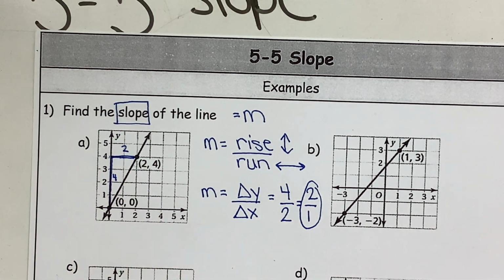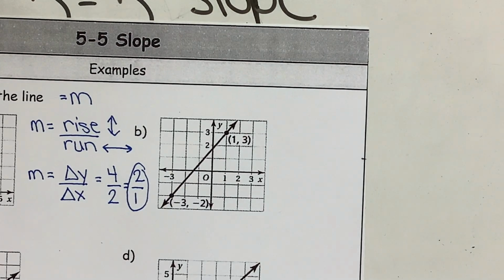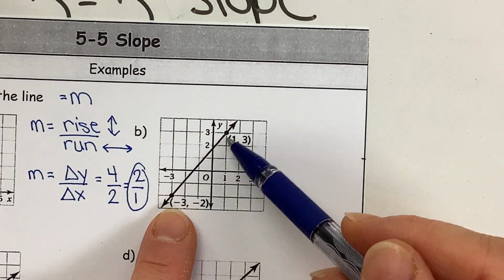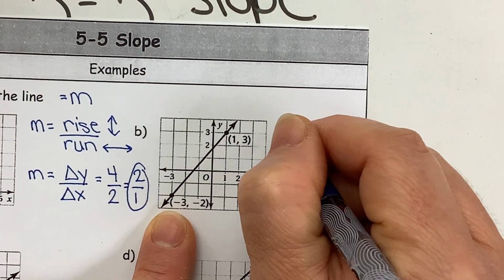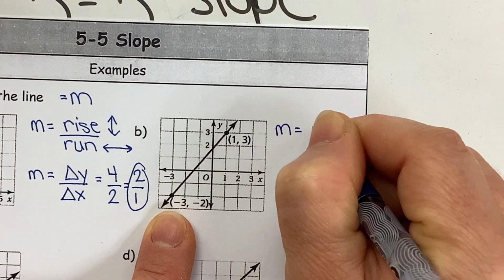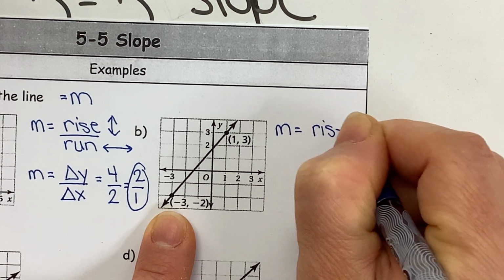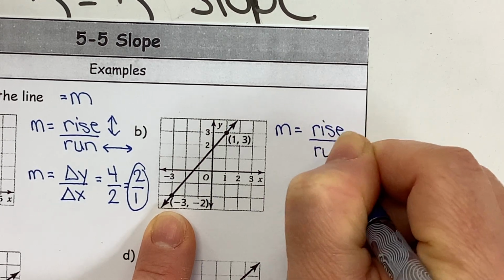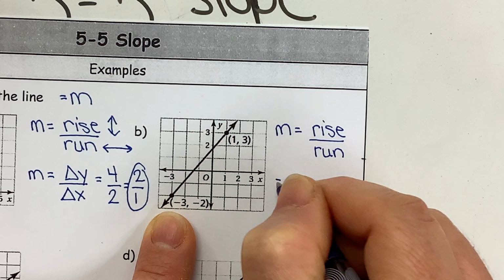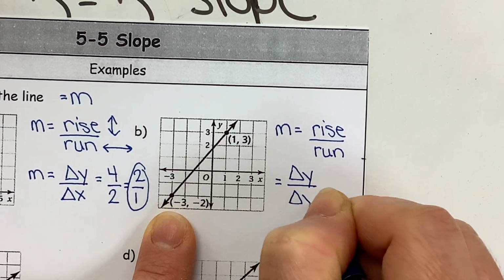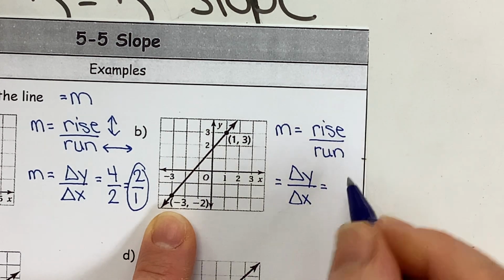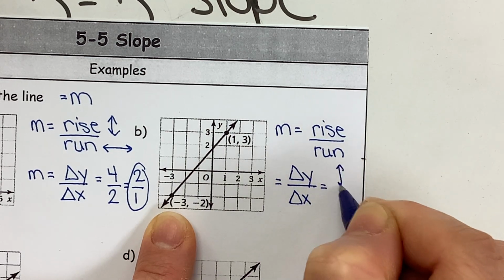All right, so over here on the next one, we have 2 points that we've been given. We again want to find the slope, so slope equals rise over run, which is our change in y over our change in x. So we're going to look for the up and down movement first.